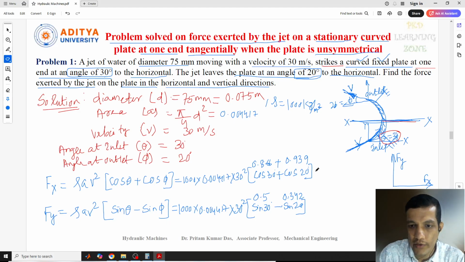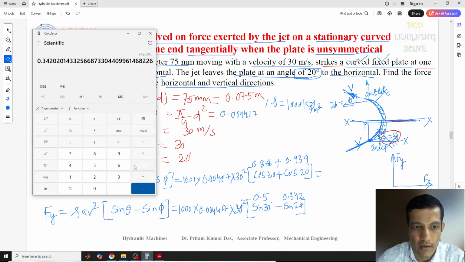So all the values we got here, finally we can write this equal to. I'll start from here: 1000 multiplied by 0.004417, so 17 multiplied by 30 into 30, this much.